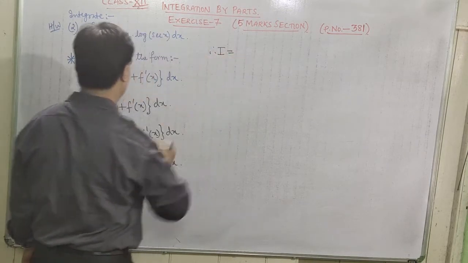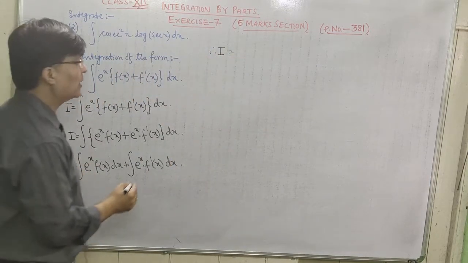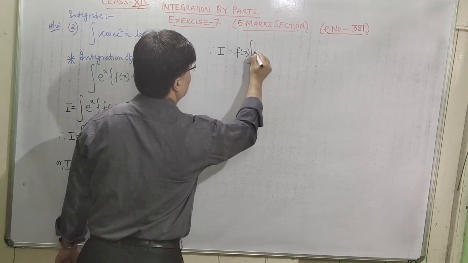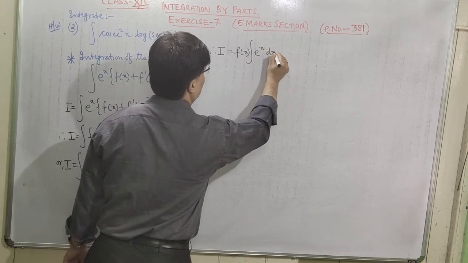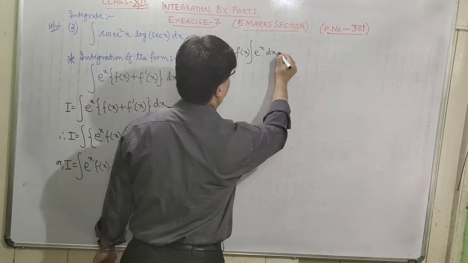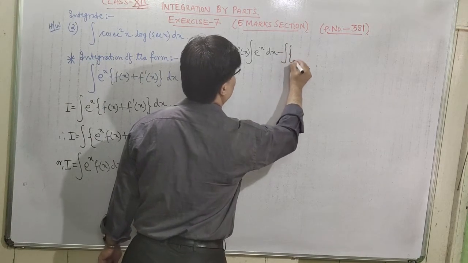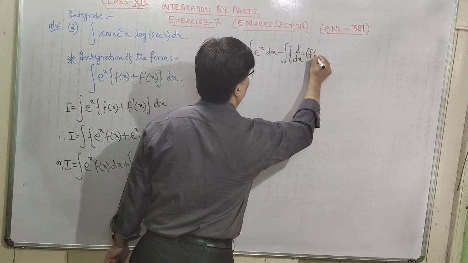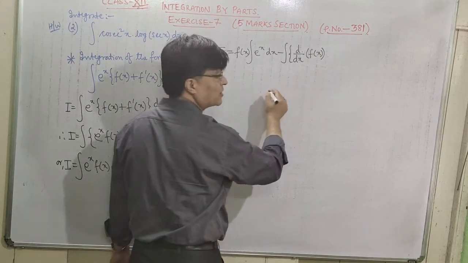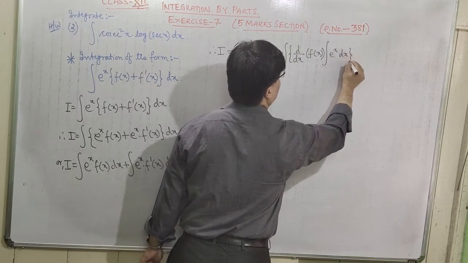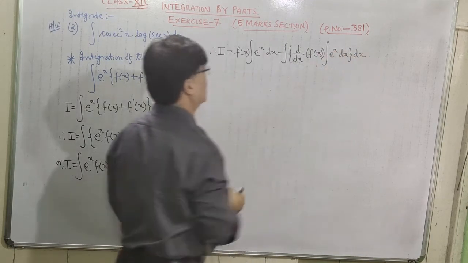So let us use integration by parts for the first function. So I is equal to, here f of x is the first function, it is taken outside, integral e to the power x dx. Is that clear? Then minus sign, integration of second bracket dy dx of, this is f of x, integration of e to the power x dx second bracket close dx.